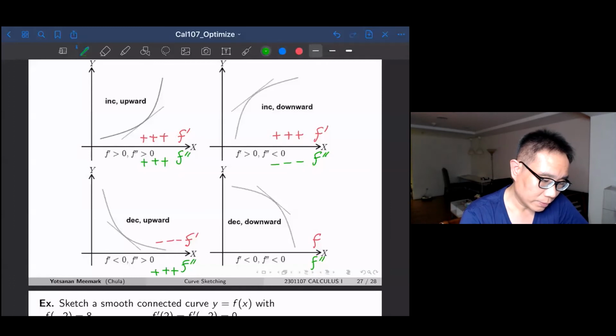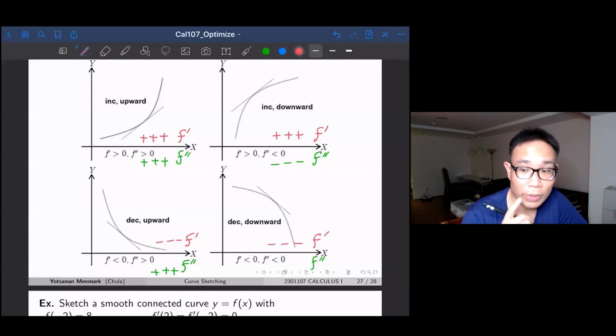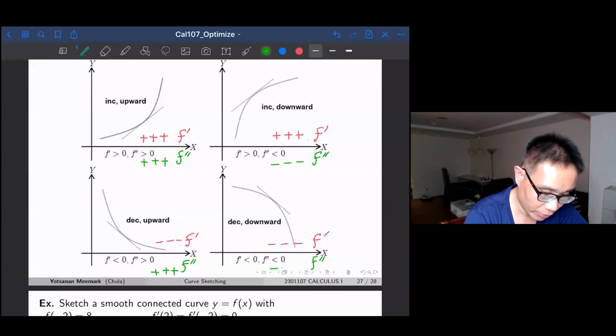The last one is decreasing and concave down. You see that the sign of f prime is negative, and the sign of f double prime is also negative.